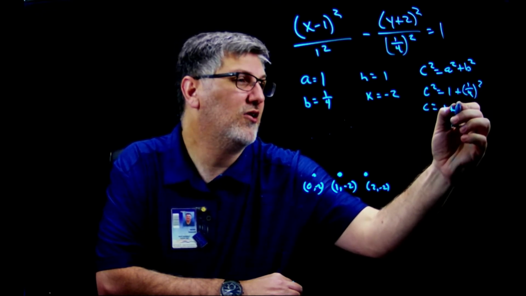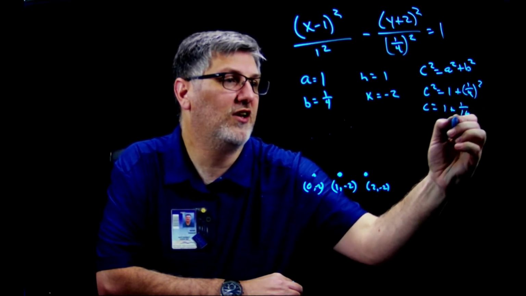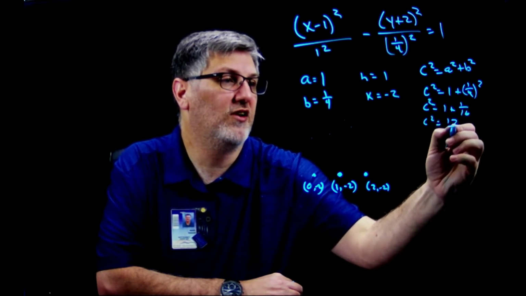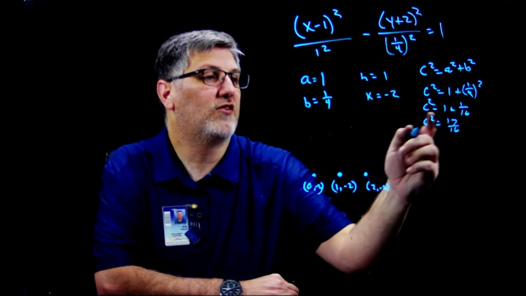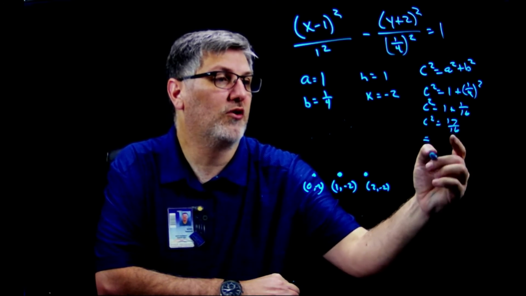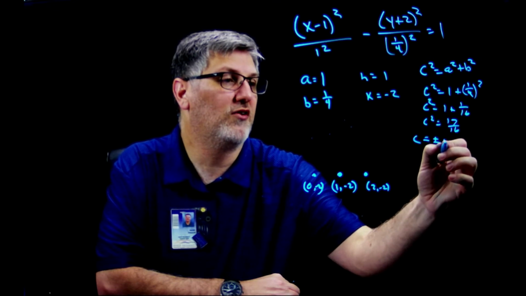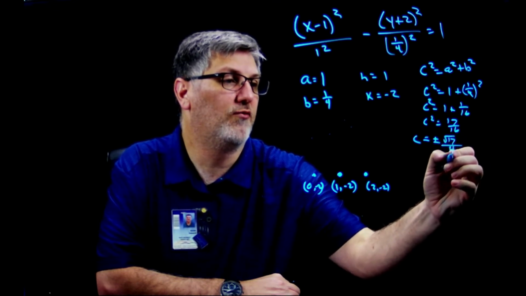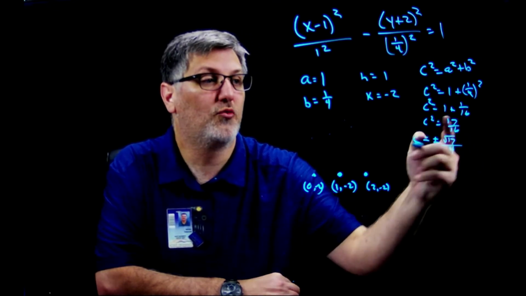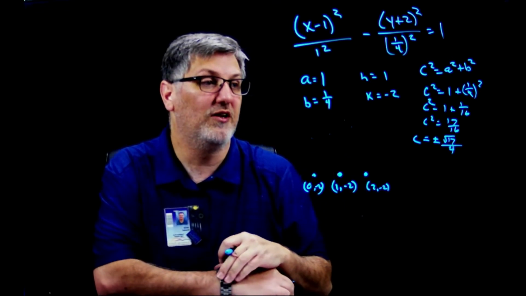C squared is 1 plus, let's see, this is 1 over 16. When I add my fractions, I'm going to get 17 over 16. I take the square root of it. Square root goes to the top and bottom. My c is going to be plus or minus the square root of 17 over 4, because the square root of 16 is 4. Square root of 17, we leave it square root of 17.